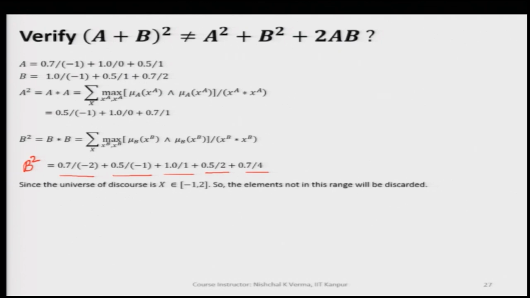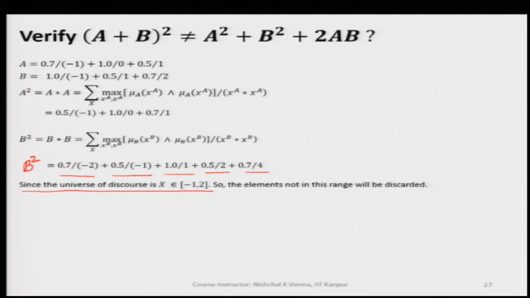But we need to know here that the given universe of discourse is minus 1 comma 2, means all the points that we will be dealing with should lie from minus 1 up to 2. So, this is an important point that we should always check the universe of discourse, and all the generic variable values that we are using must be lying within the universe of discourse.